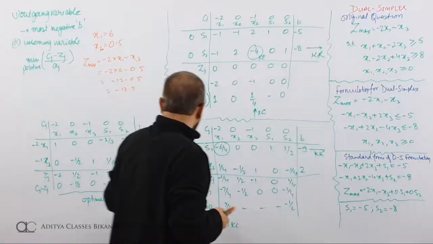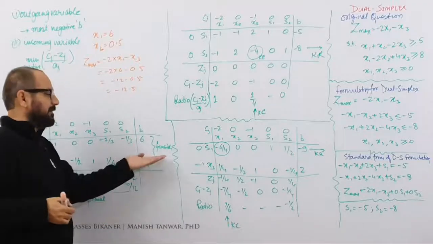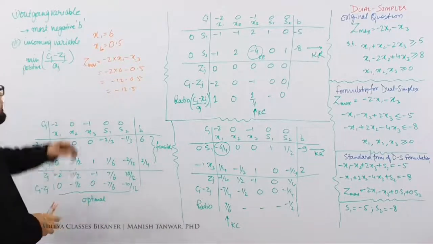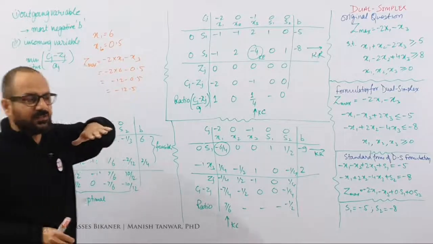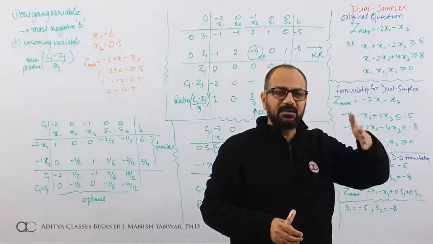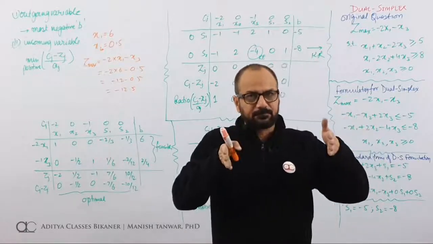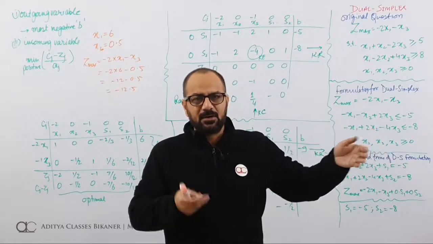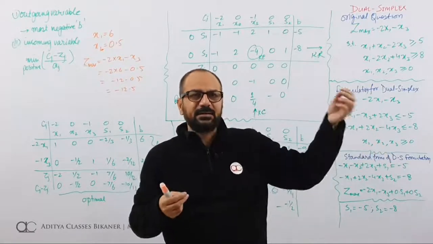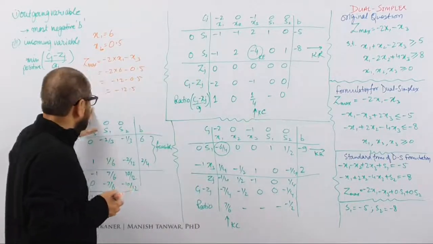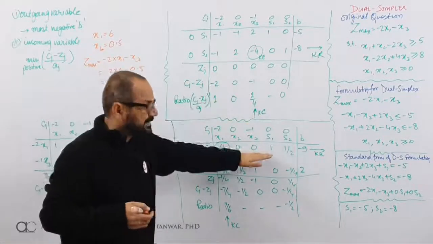Now I have a solution which is optimal also and feasible also. The only difference between simplex and dual simplex is, in simplex first we decided the incoming variable and then we used to divide b by the incoming column to get theta, and that theta would tell me the outgoing variable. So incoming variable was somehow leading to outgoing variable. In dual simplex, we first decide the outgoing variable.